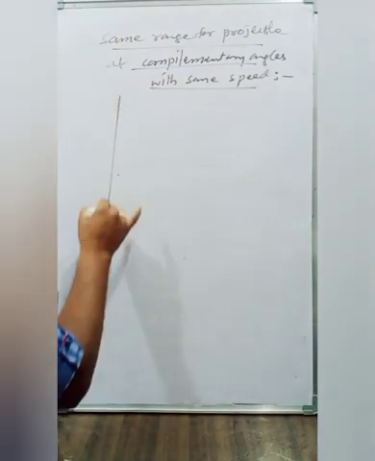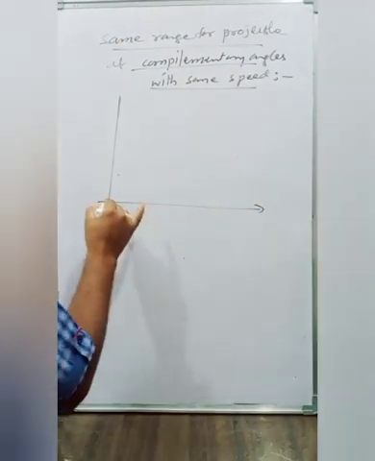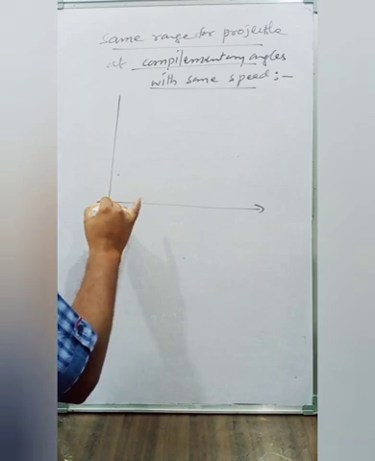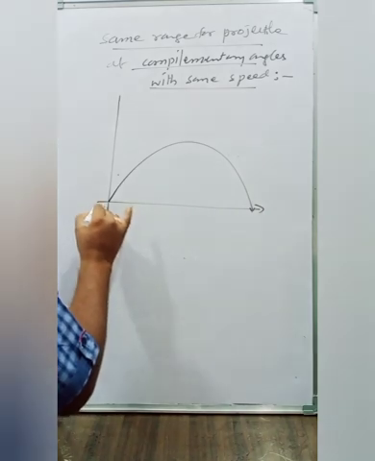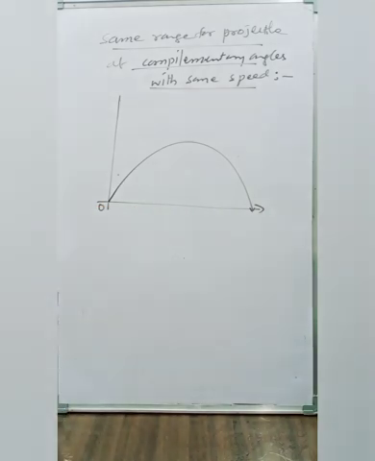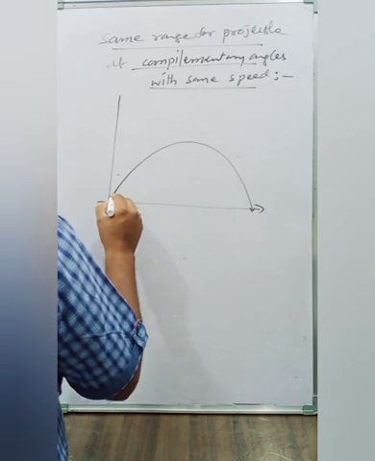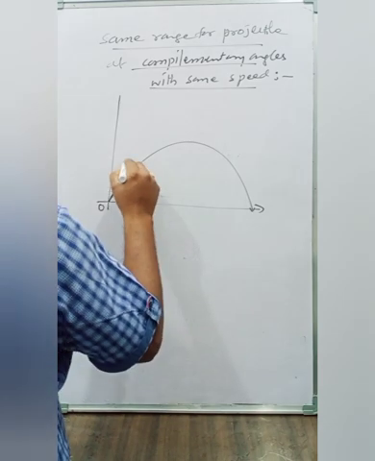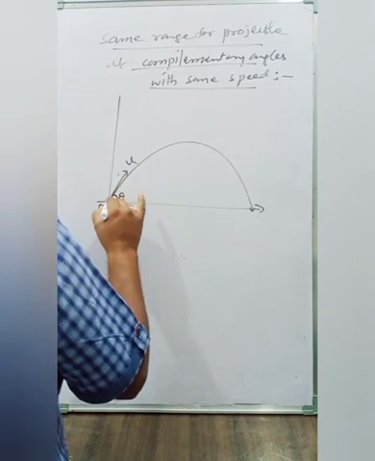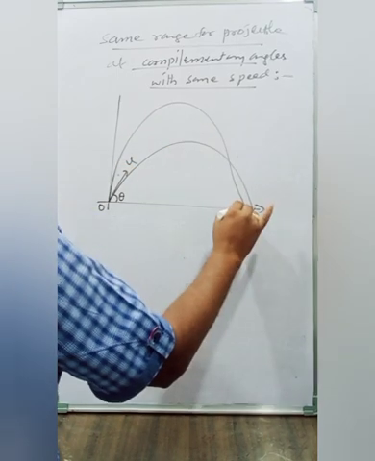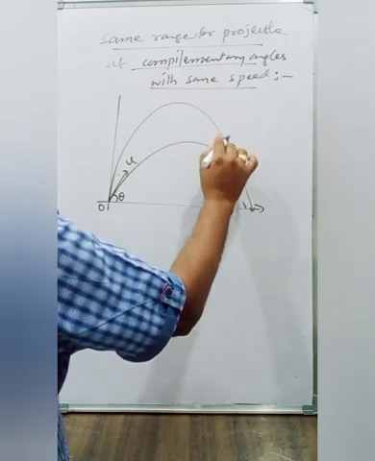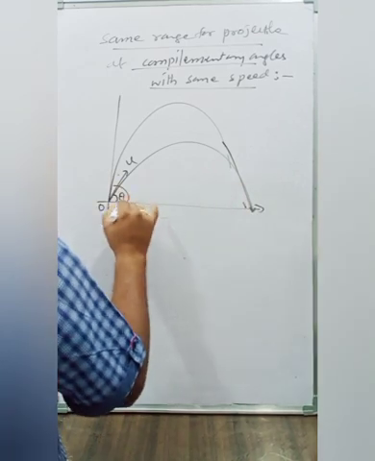We have one projectile projected from the same point with a theta angle, and another one with 90 minus theta angle.